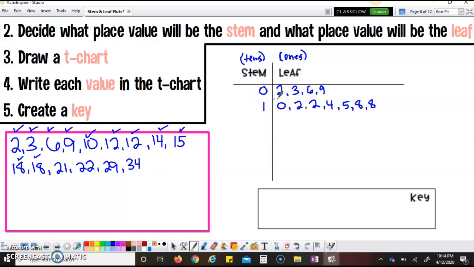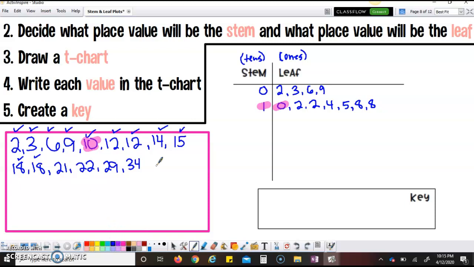Okay, I hope this is making sense. Like this 1 and this 0 equal this 10. Does that make sense? If it doesn't, hopefully you'll catch on here in a second.